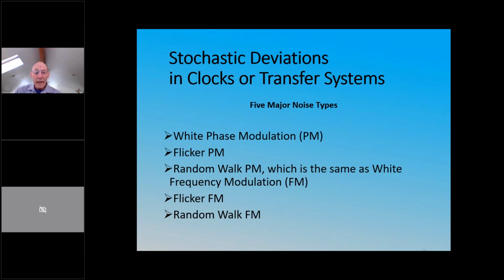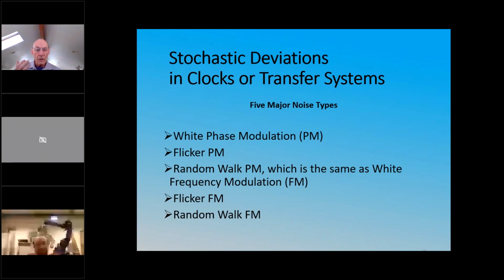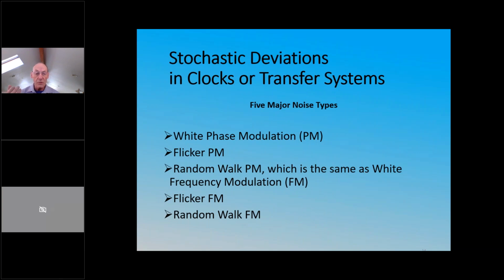There is white noise, white noise variations around phase or time, which we call white phase modulation. There's also a kind of a wander called flicker noise. And then there's a random walk in phase, which turns out to be exactly the same as white noise around frequency.